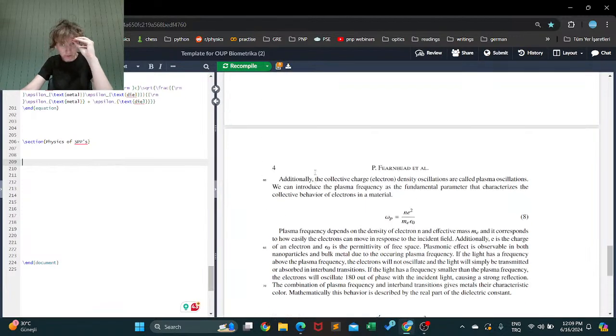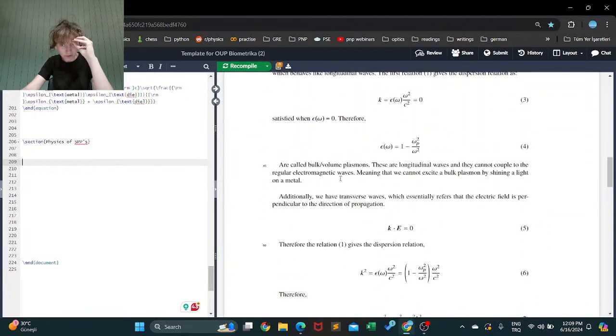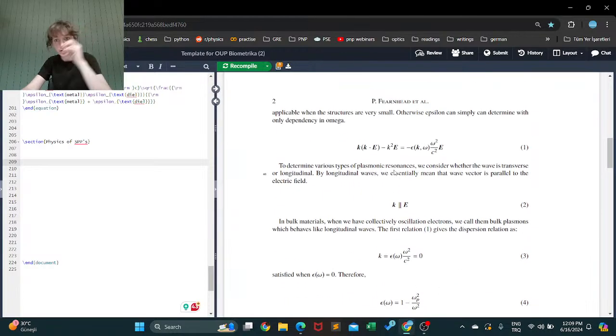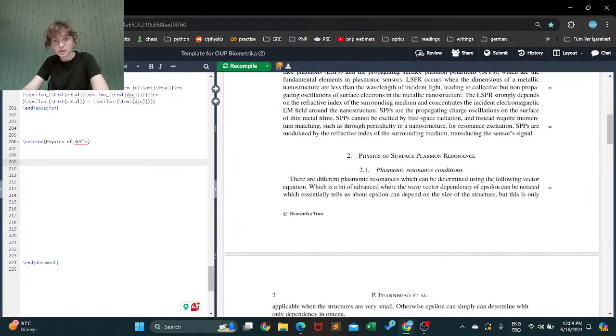Many of the relations are in here, which explains the different plasma resonances, using transverse waves and longitudinal waves. Transverse waves refer to localized plasma resonance in the plasma polaritons.